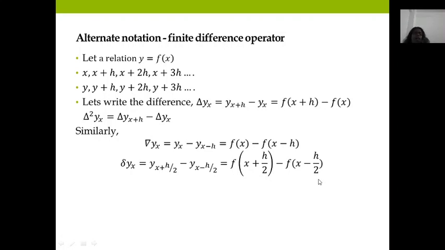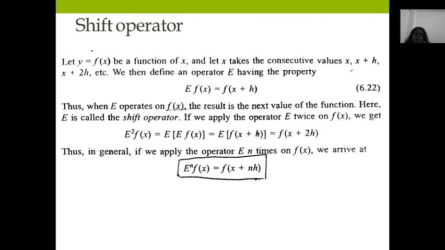That is just another notation of the finite difference operators. So we have seen three finite difference operators: the forward difference operator, the backward difference operator, and the central difference operator.